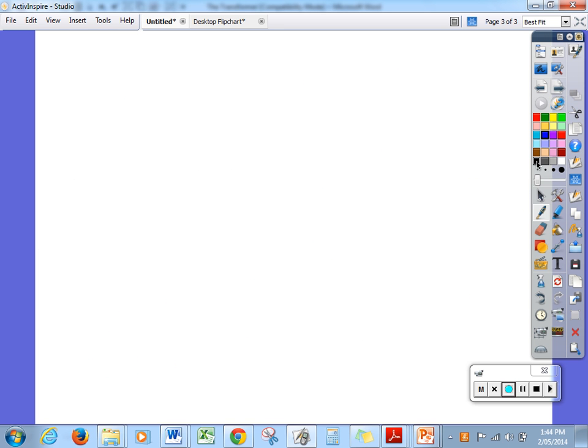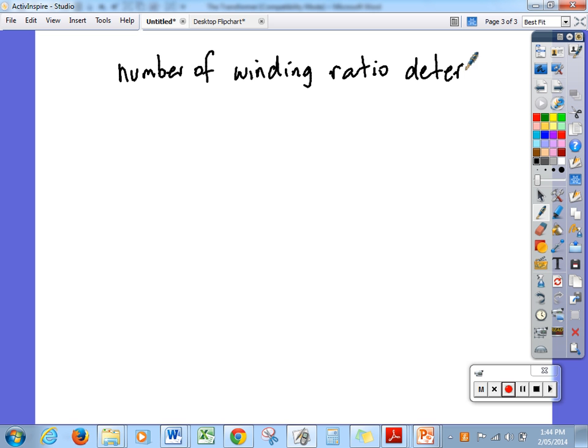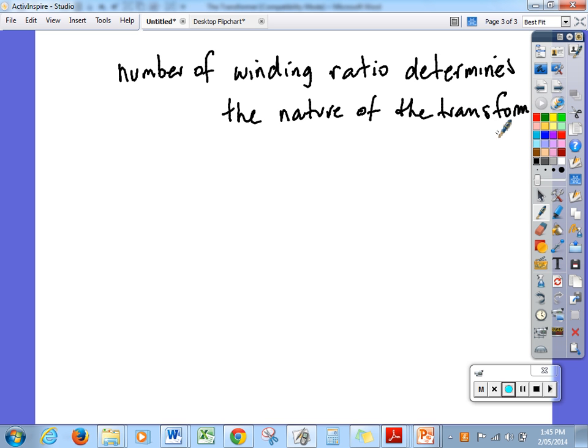So it's the number of windings. So the number of windings ratio determines whether or not it steps up or steps down.